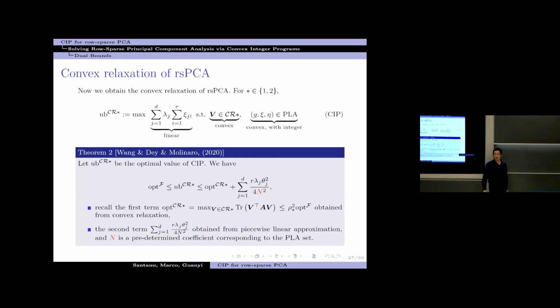I would like to point out this N in red, because this N is the number of piecewise linear units that you want to use in the SOS type 2 constraint. This capital N you could predetermine before solving this convex integer programming. And this additive error is involved because we use this SOS type 2 piecewise linear approximation. Any questions?